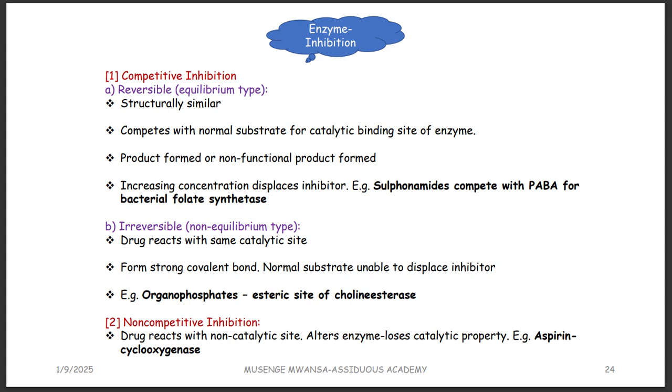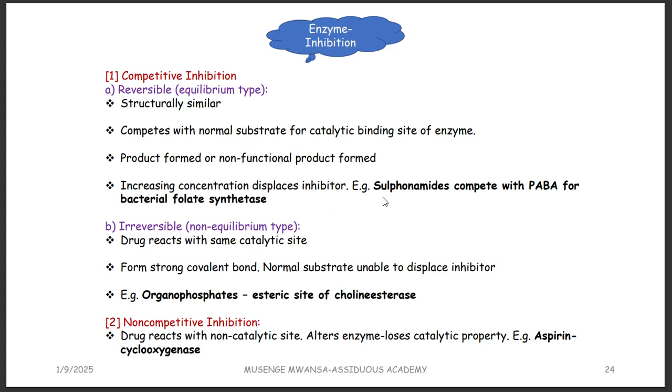Actually, not only bacterial, also parasitic infections, including problems like malaria. You can give sulfonamides. Okay, so with these ones, if you increase the actual substrate, it can displace the drug or the inhibitor.